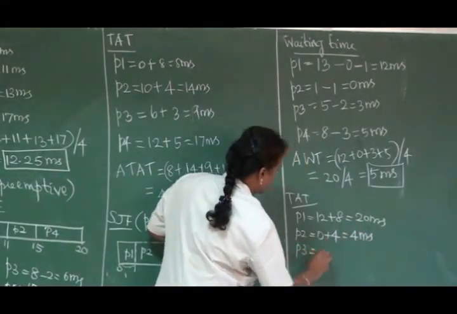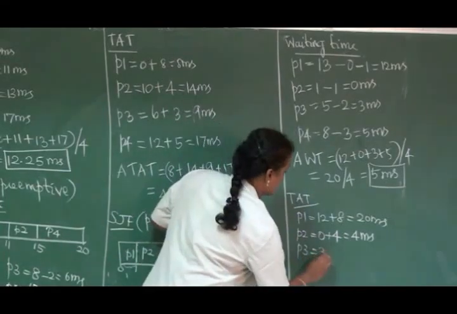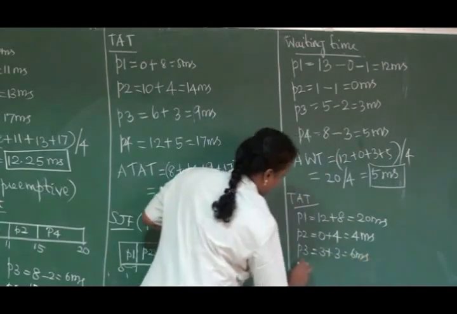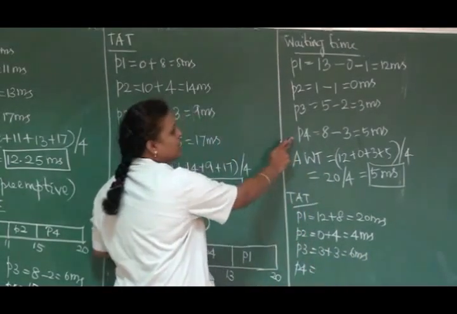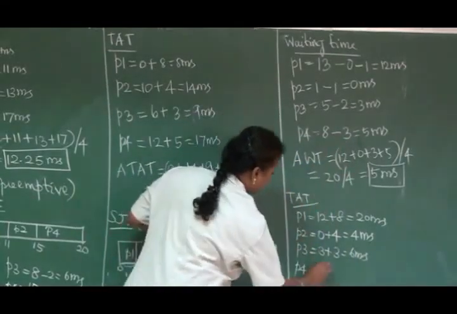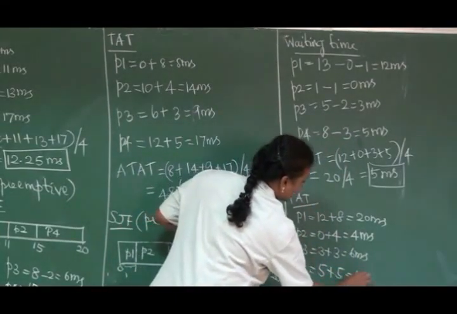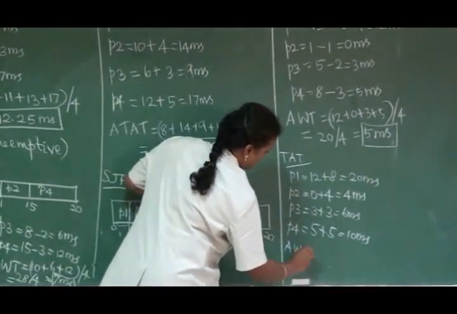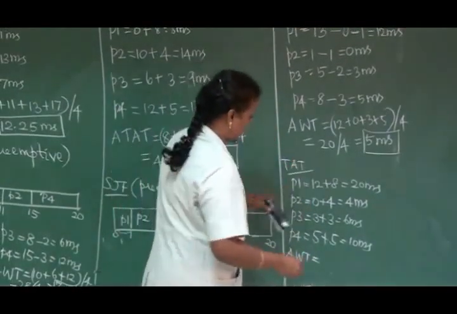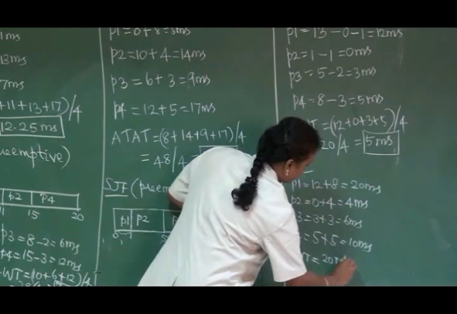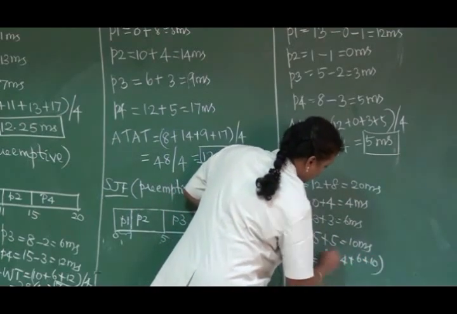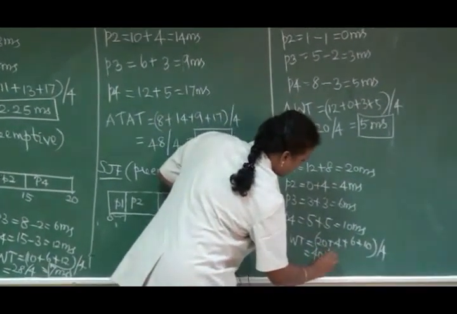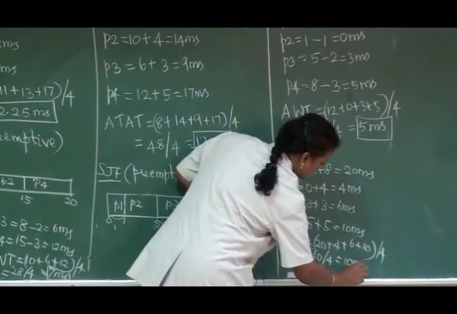Then P3, its waiting time is 3 milliseconds and its burst time is 3, so 6 milliseconds. Then P4, its waiting time is 5 and its burst time is also 5, so it is 10 milliseconds. So now the average turnaround time is 20 plus 4 plus 6 plus 10 divided by 4. So 20, 30, 40. 40 divided by 4 is equal to 10 milliseconds.